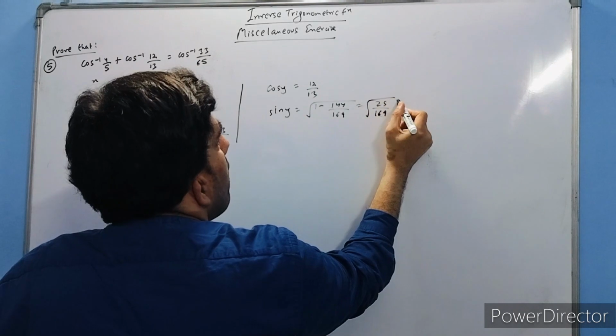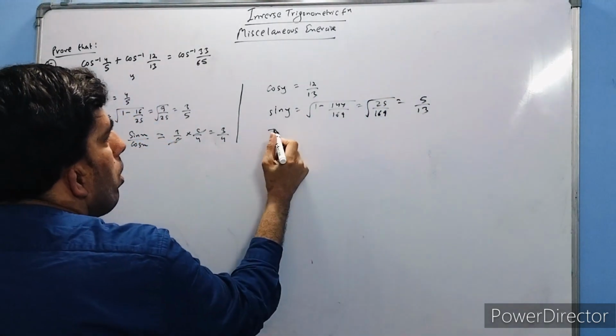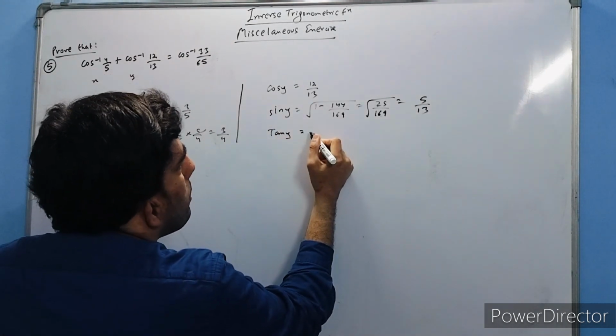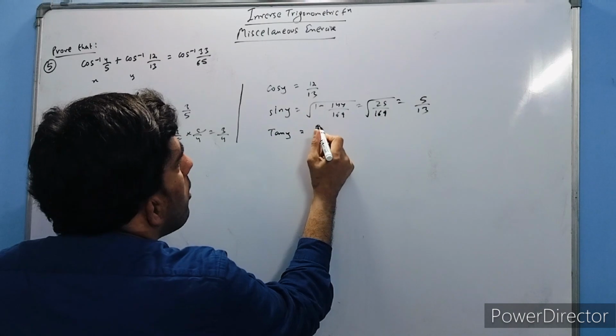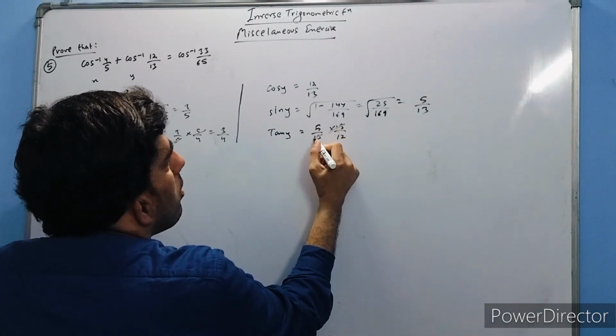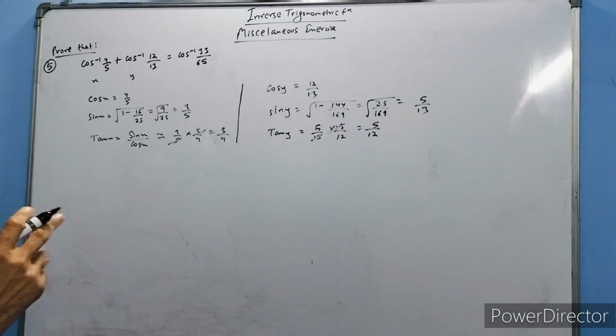Okay, so I have here 5 upon 13. Now I try to find tan y. What is tan y? Tan y will be sin y upon cos y, 5 upon 13 into 13 upon 12 is equal to 5 upon 12. So we got tan x also, tan y also.